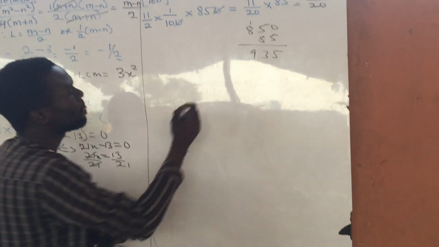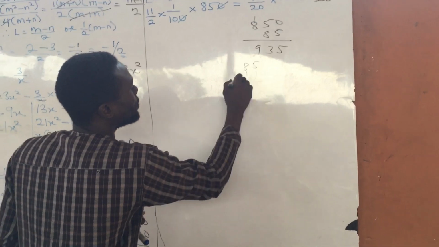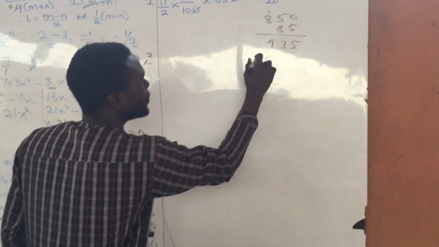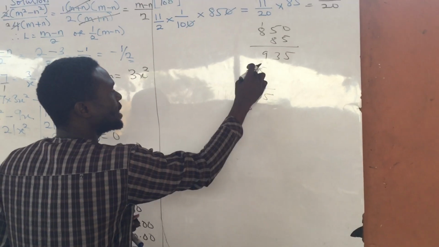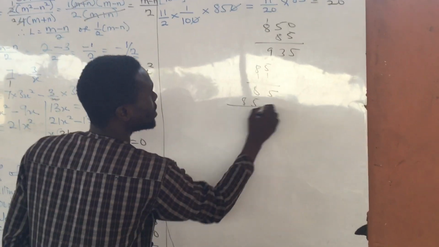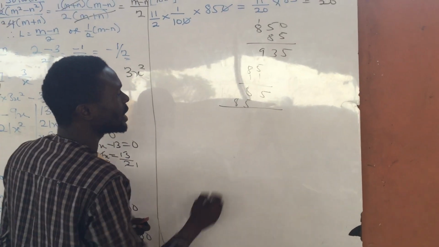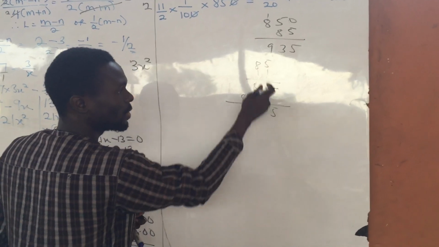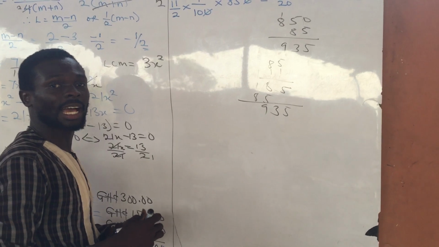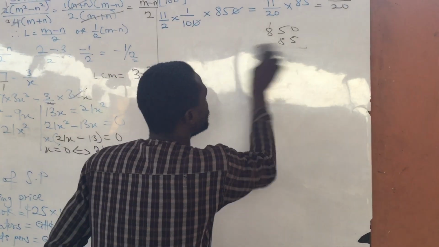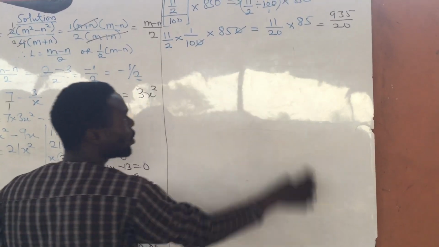So let's see. 85 by 11, 5 times this is 5, this and this is 8, this times this is 5, this and this is 8. So putting them together, you have 5, this and this is 13, you have 9, giving you 935. So if you were doubting, then we are correct.